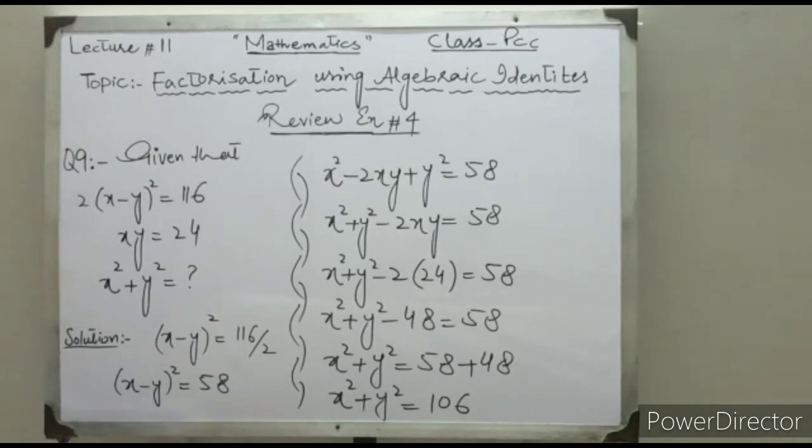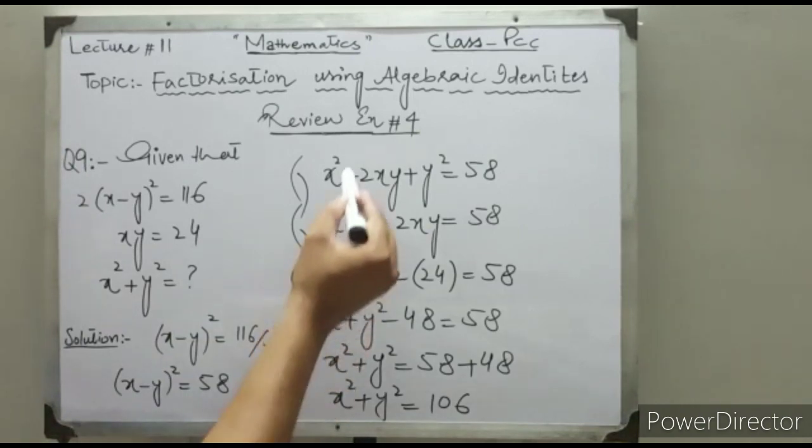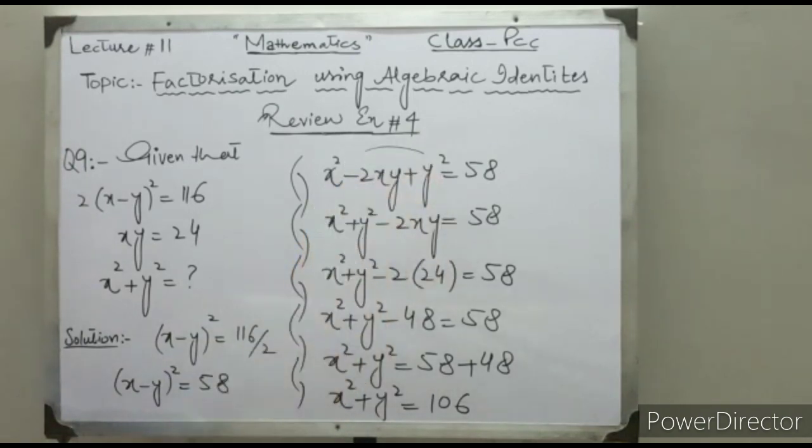Now apply identity number 2 on this part, which is x square minus 2xy plus y square is equal to 58. Arrange the values: x square plus y square minus 2xy is equal to 58. We have the value of xy, which is 24.